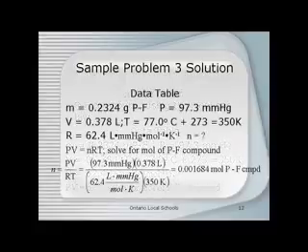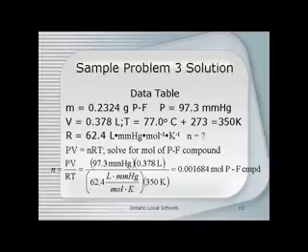So here we are, we've taken PV equals nRT, the ideal gas law, and rearranged it to solve for n, the number of moles, which is equal to pressure times volume divided by the universal gas constant R times the temperature. So we have our 97.3 millimeters of mercury times 0.378 liters divided by, and here it's very important to get the correct value of R that relates to millimeters of mercury as a pressure unit, and that's 62.4 liters times millimeters of mercury per mole times Kelvin.